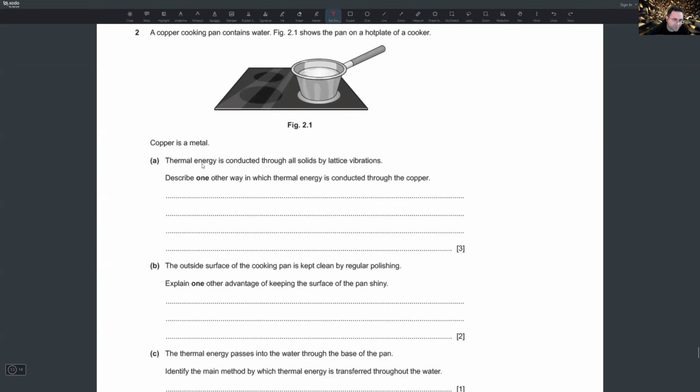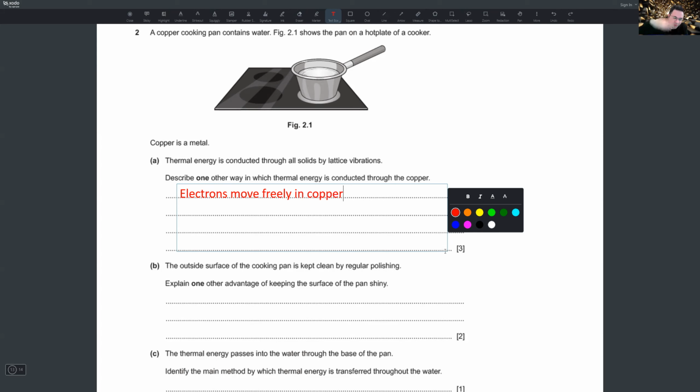Copper is a metal. The thermal energy is conducted through all solids by lattice vibration. Describe one other way in which thermal energy is conducted through the copper. We said conduction happens through lattice vibrations and collisions, and free moving electrons. Literally the word electrons alone earns a mark. Electrons move freely in copper.